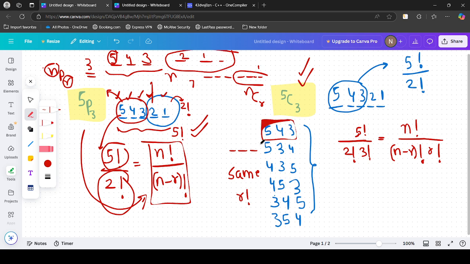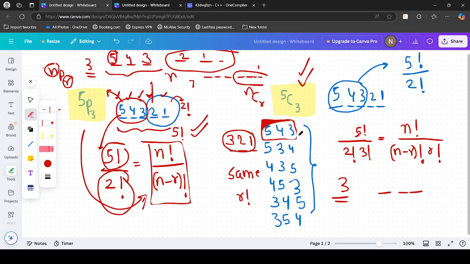So there are 3 indices again. Because we have to arrange only 3 here, selecting any is 3, selecting the other one is 2, and the next number is 1. So we can write a set of 3 numbers from these 5 numbers in 6 orders. So these 6 are the same for nCr.